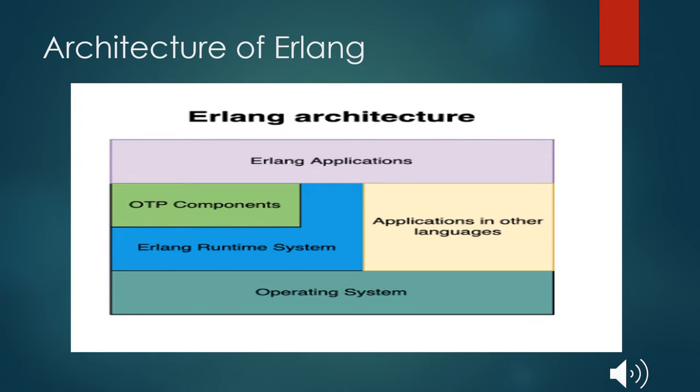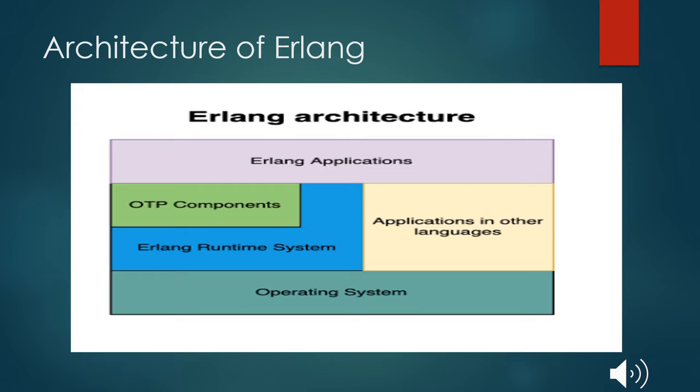Now let me talk about the architecture of Erlang. This figure clearly shows the architecture of Erlang. At the low level, we have the operating system which communicates with our CPU. Above that, there is the Erlang run system along with the OTP component. Both of these together help Erlang code to compile and convert into byte code and then to C language.